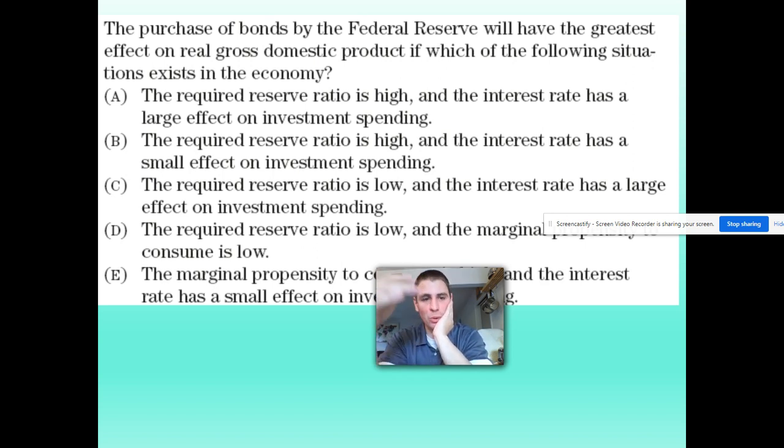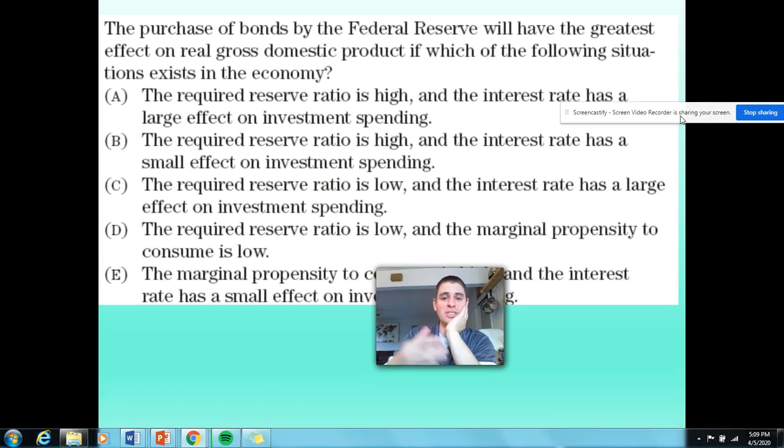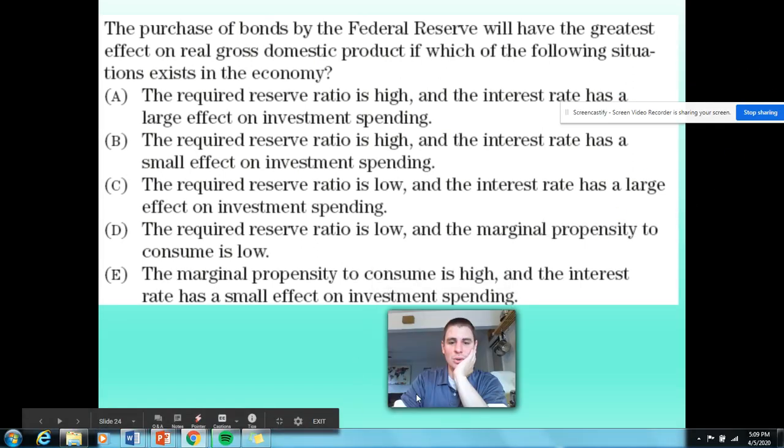We want a greater multiplier. The reserve ratio is low, so that could potentially be it. And the interest rate has a large effect on investment spending. If the interest rate has a large effect, lowering interest rates is going to cause more people to want it. That's the answer. But let's double check that the others don't work.